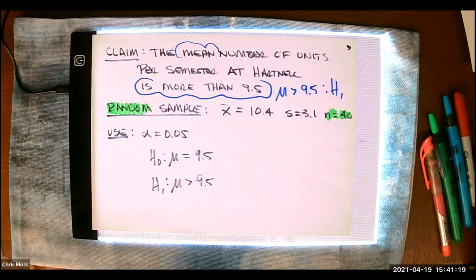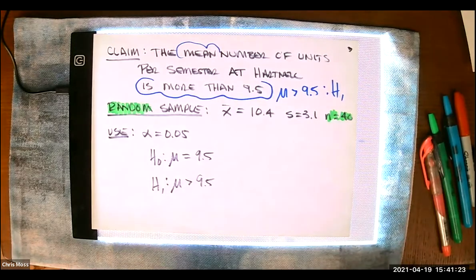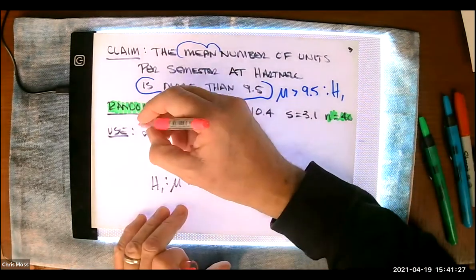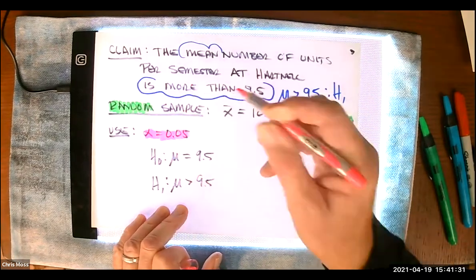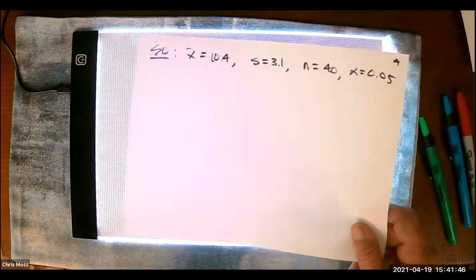We're going to use an alpha of 0.05 or 5%. That's my level of significance. So, first thing for me to do is to get things started.